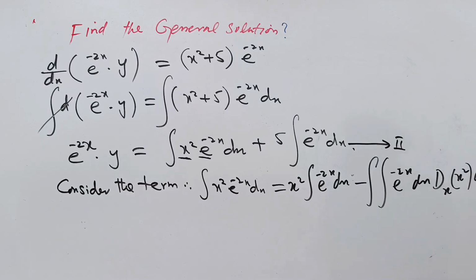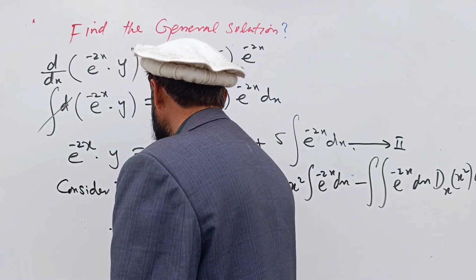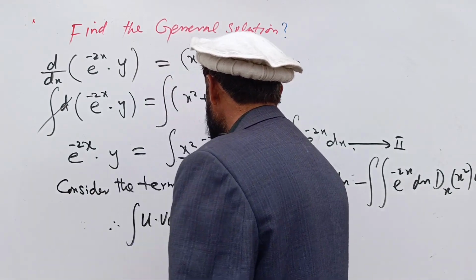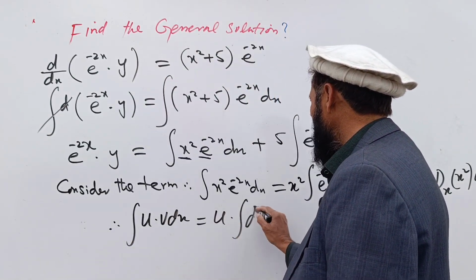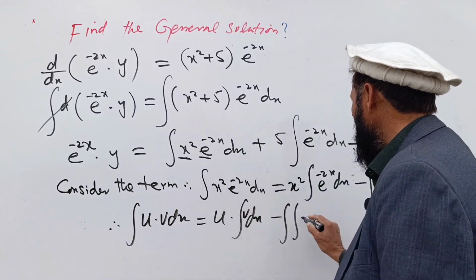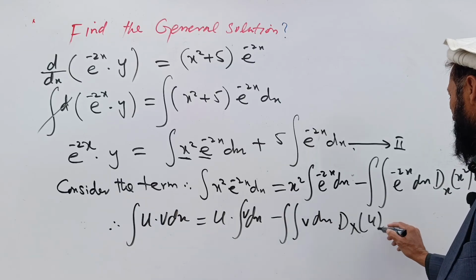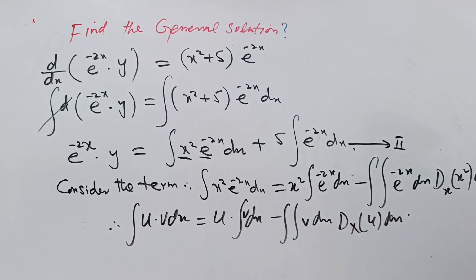That is the integration by parts formula according to the rule, integral of u v dx: u is kept outside, we integrate v, and then take the derivative of the first function into dx.